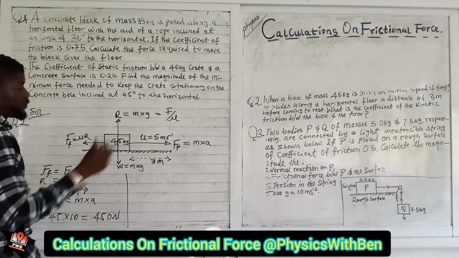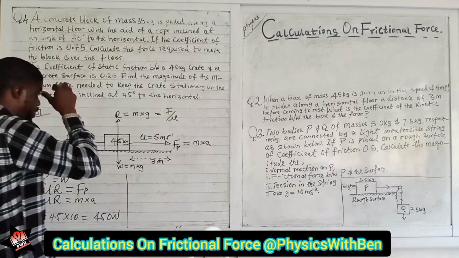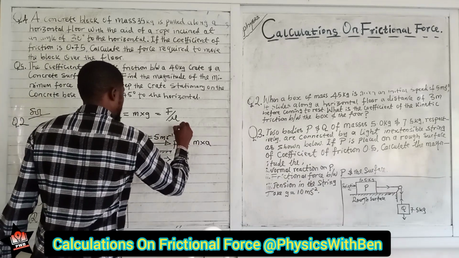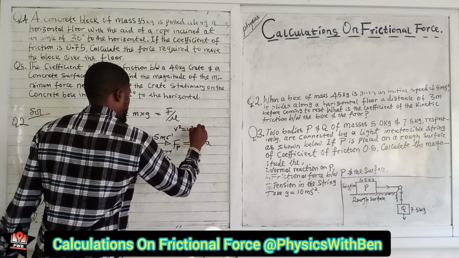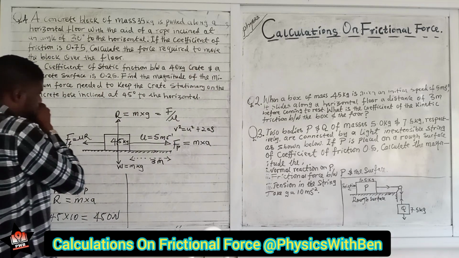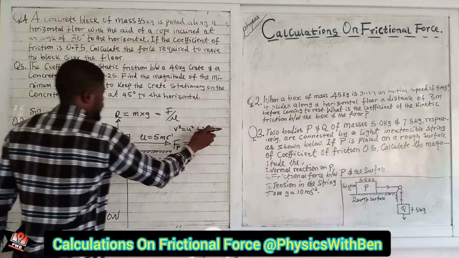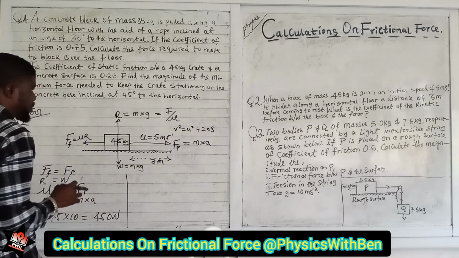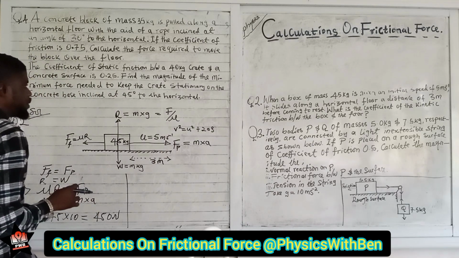Now, from the equations of uniformly accelerated motion, we know that v squared is equal to u squared plus 2as. Good. And this s means distance. This a means acceleration. Are we good?